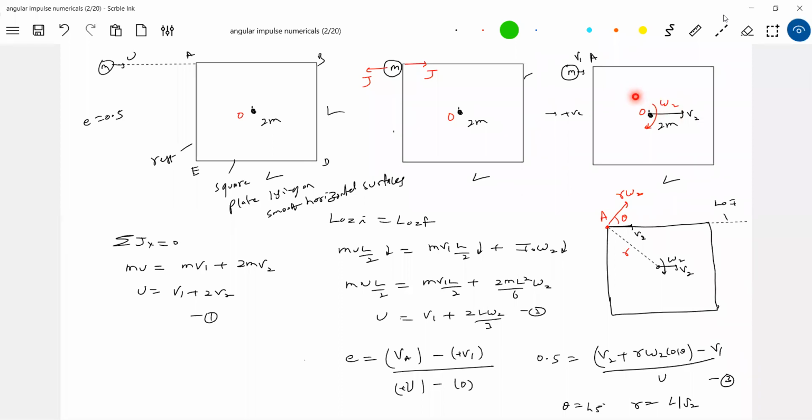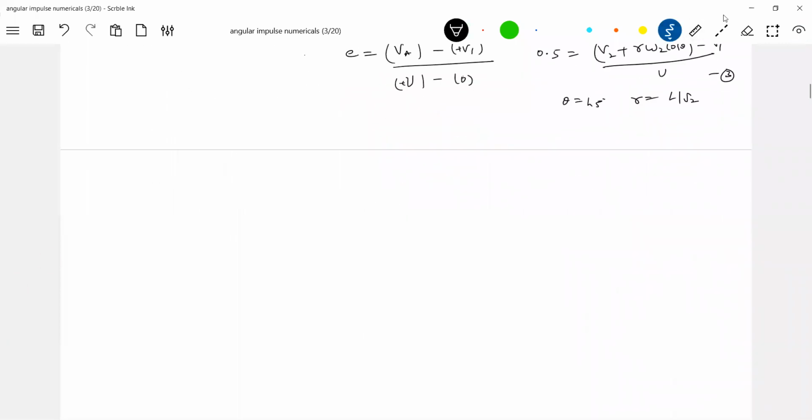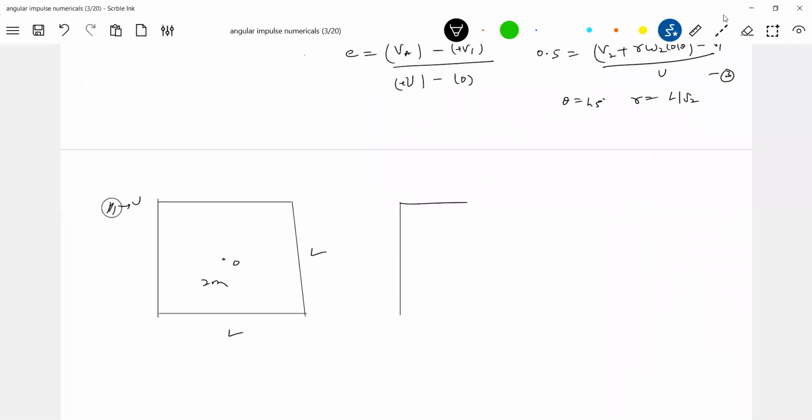Then what are the unknown things? I'll give one, so it'll be easy for you. It'll go and collide. This is O, mass is 2m, side length L. Then after collision, what do we expect? It'll get stuck to it.